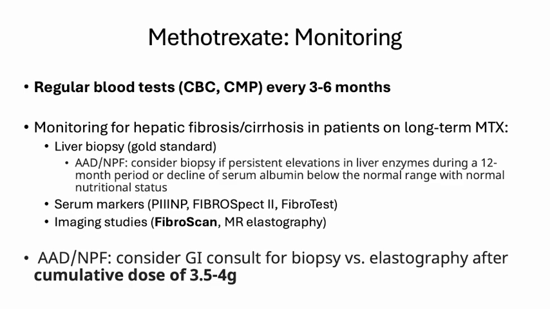So there's increasing interest in non-invasive methods of monitoring, including serum markers and imaging studies like the FibroScan and MR elastography. According to the AAD and NPF, a GI consult should be considered for either biopsy or elastography of the liver after the patient has had a cumulative total dose of 3.5 to 4 grams of methotrexate.